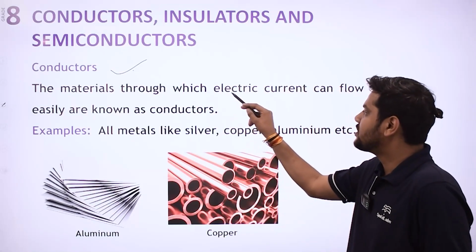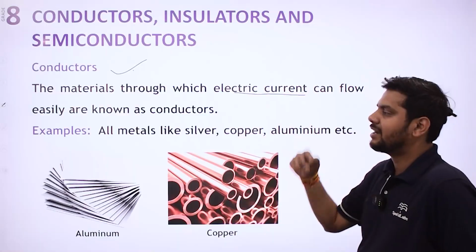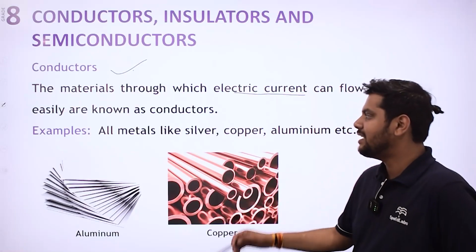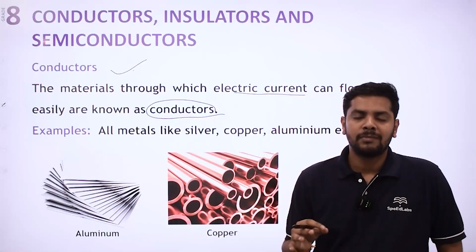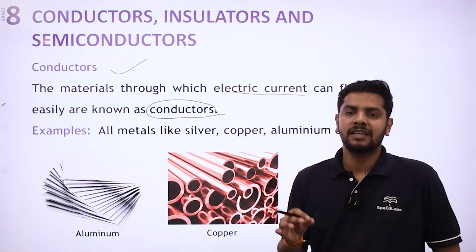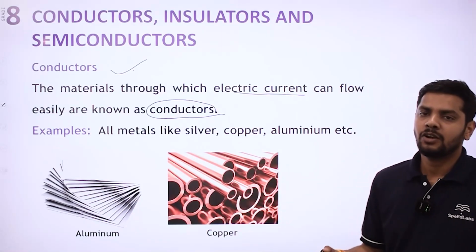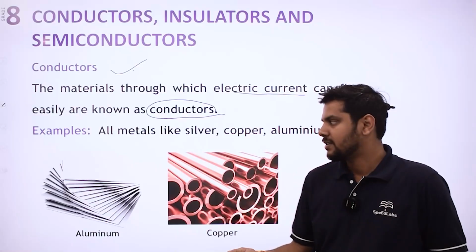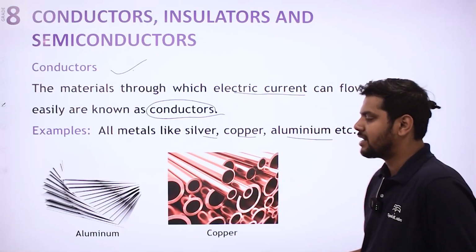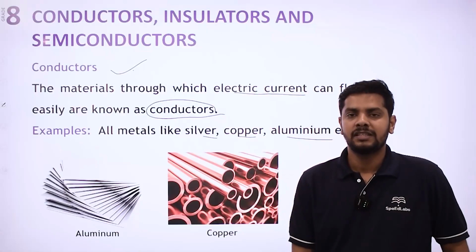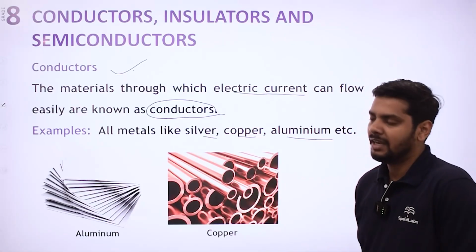The materials through which electric current can flow easily are known as conductors. Generally all metals are good conductors of electricity. All metals like silver, copper, aluminium, etc. are good conductors of electricity.